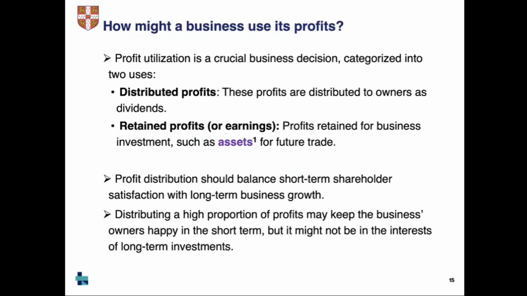How a business might use its profit. We said that profits can either be distributed to the owners of the business as dividends, or they could be retained in the business and used for the purchase of assets in the future.